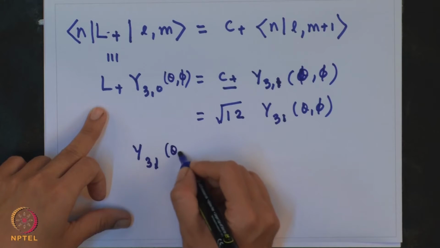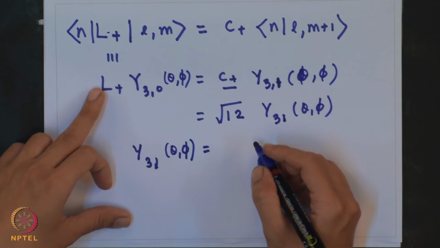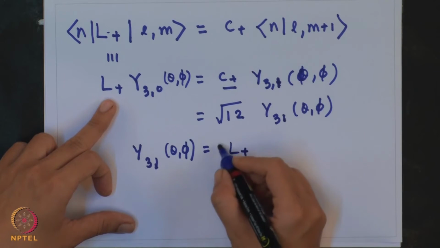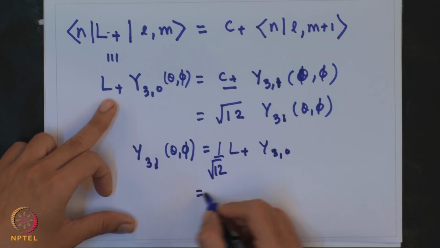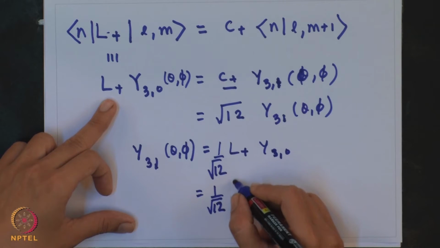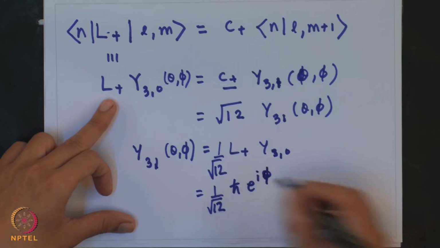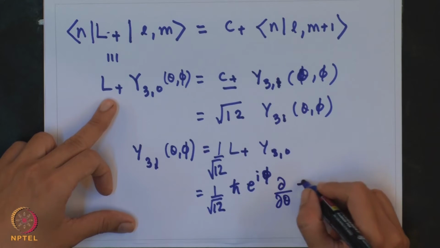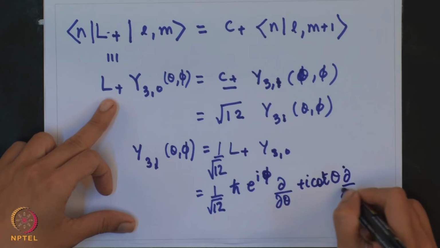So y31 theta phi will be 1 by root 12 times L plus psi 30. L plus I will write in polar coordinates as h cross e raised to i phi times dou by dou theta plus i cot theta dou by dou phi.